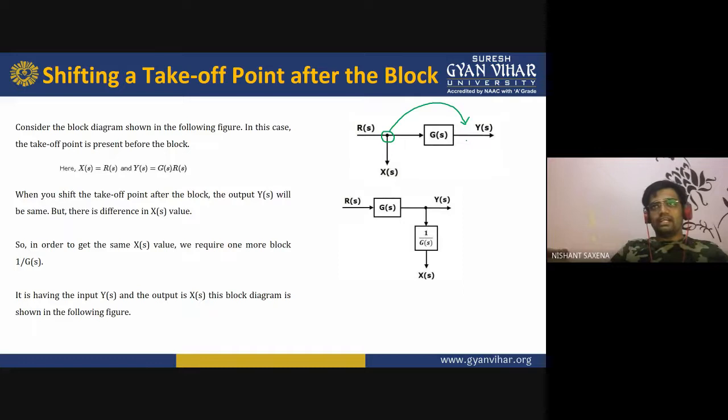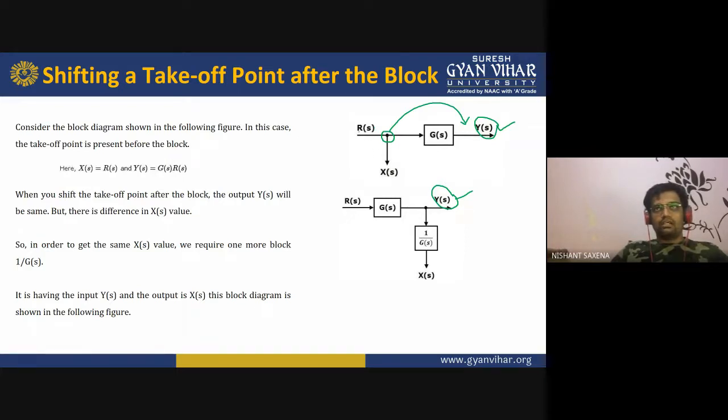Can I do it in exactly the same way? No, I can't. I have to do some operations. That means I have to bring it over here, keeping the output the same as the previous output. These two outputs must be the same. The output of this was R(s) and X(s), both are the same.